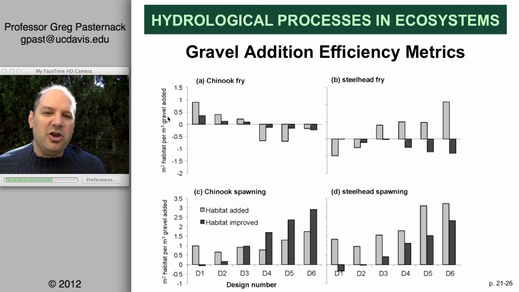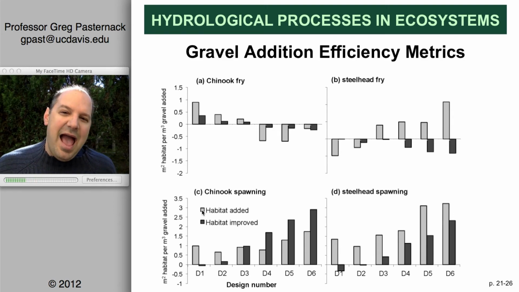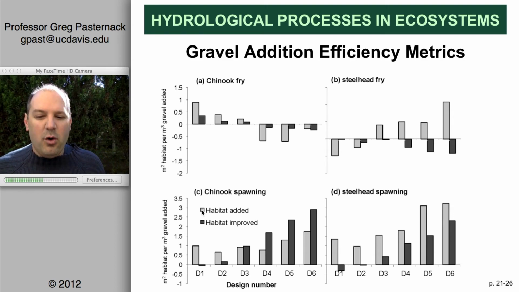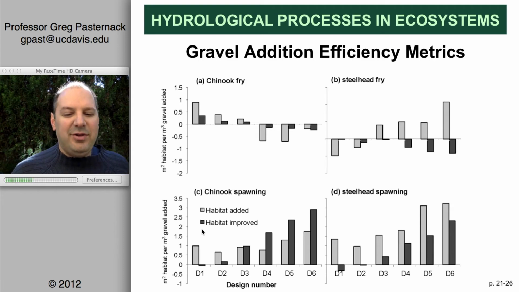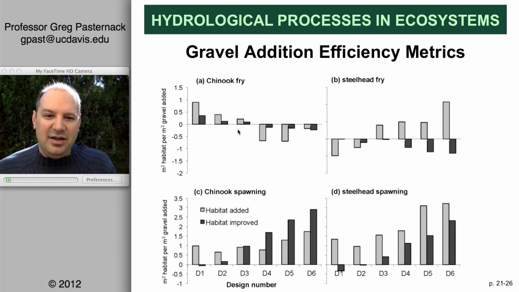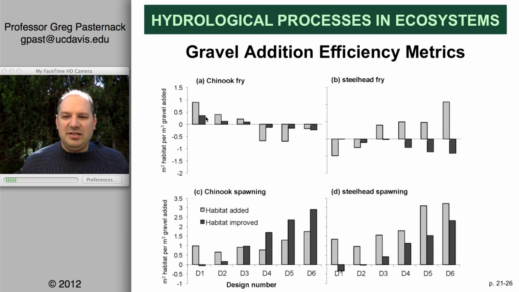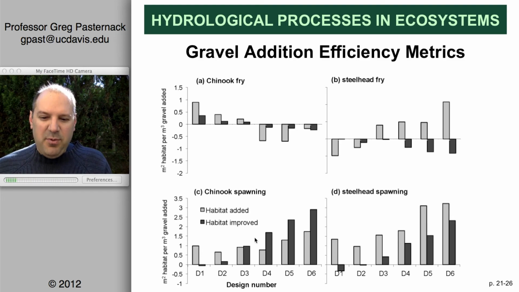So you could make an argument that there's an efficiency, and do we get better efficiency by doing one thing or another? I'm looking at the gray bars being adding habitat where it didn't exist before, or taking low quality habitat and turning it into high quality habitat. For Chinook fry, we get the best performance from Designs 1 through 3, the accentuated scenarios, whereas for spawning, we get the best for 4, 5, and 6.